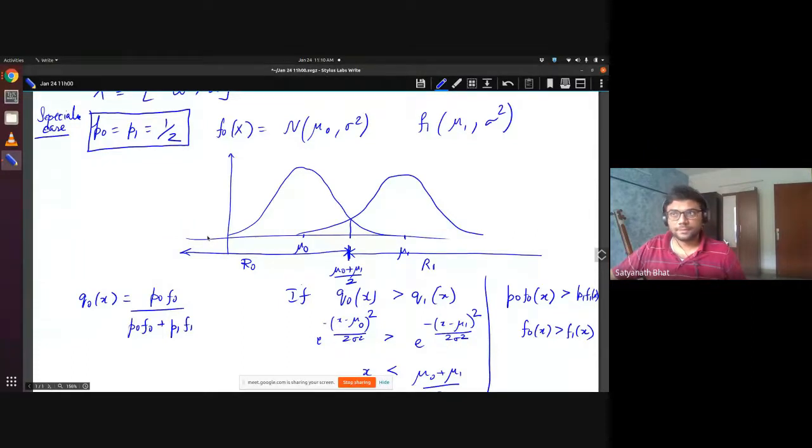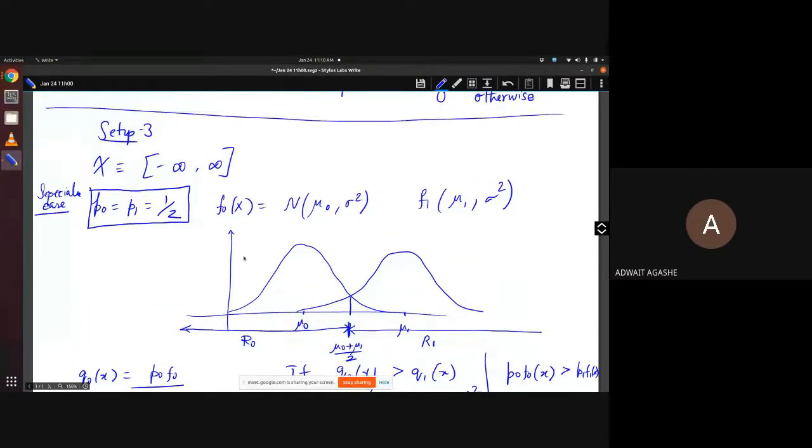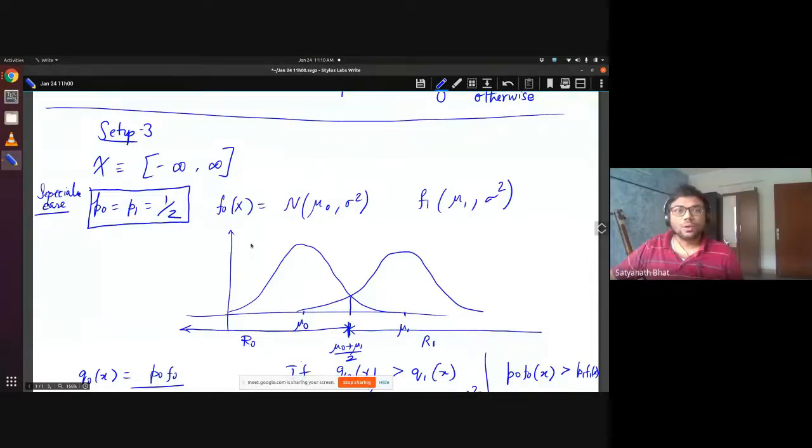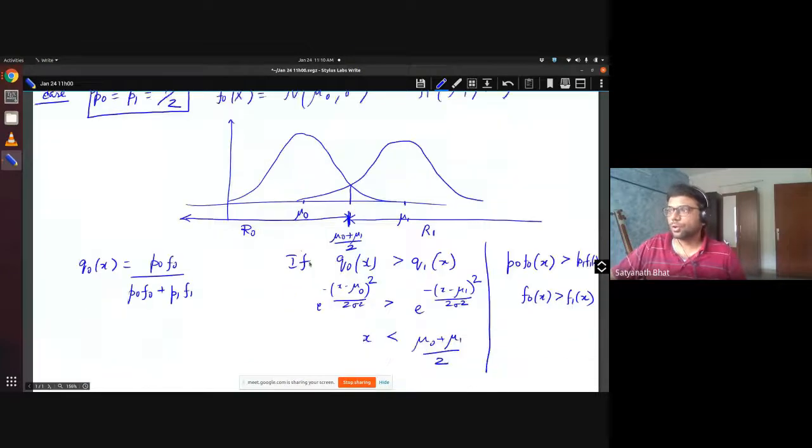Sir, I had a doubt. For this, the sigma squares we have taken to be the same. Is that because of P0 and P1 being the same, or is that true for all values? No, this is a special case that we have assumed, but if it is not the same, then the shape will look different, right?